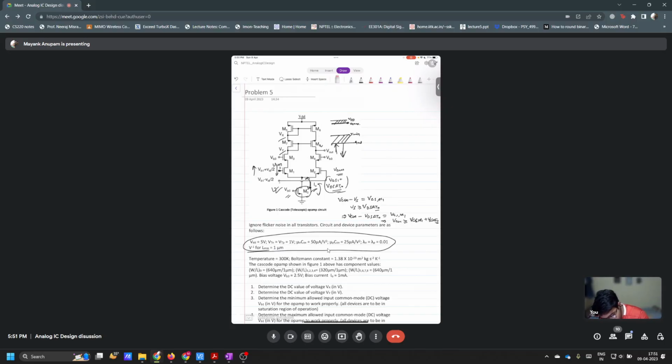Which drain of M6 are you saying? If V out decreases, the drain of M6 should also decrease because of GDS not equal to 0, right? Yeah, correct. Okay, fine, so this is done.